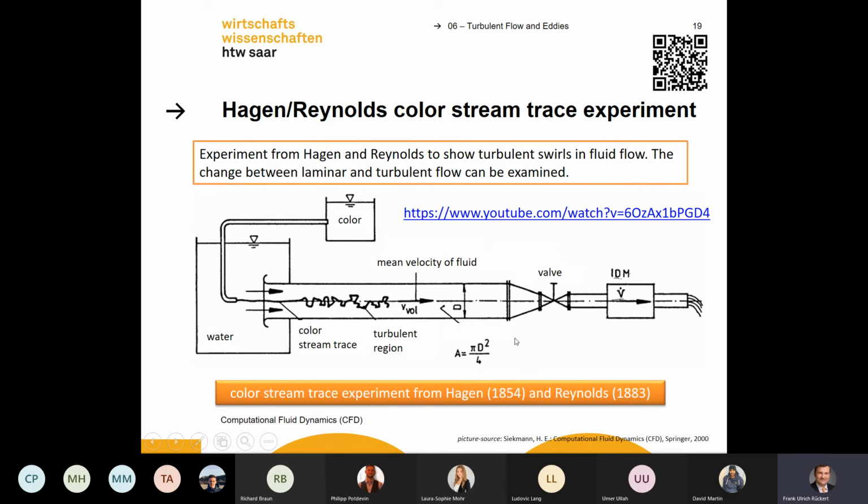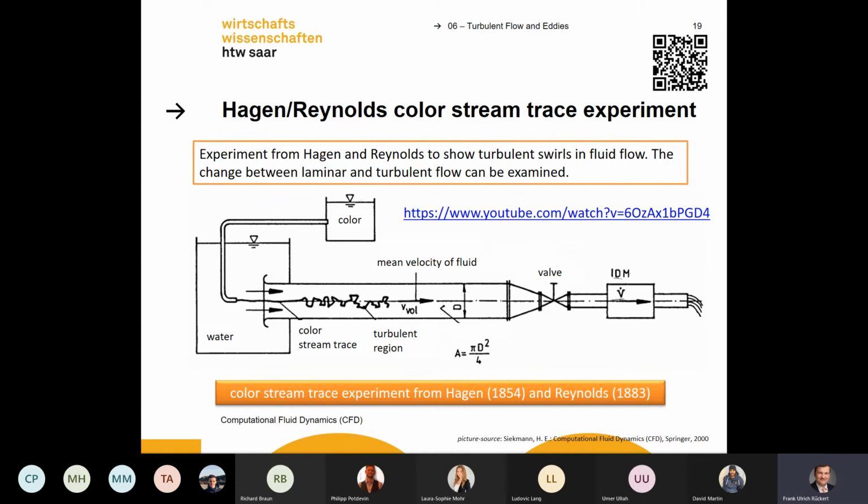There are also some experiments. I've shown you some experiments before, experiments I made in our lab for fluid flow behavior. But you can also have this famous experiment from Hagen and Reynolds.